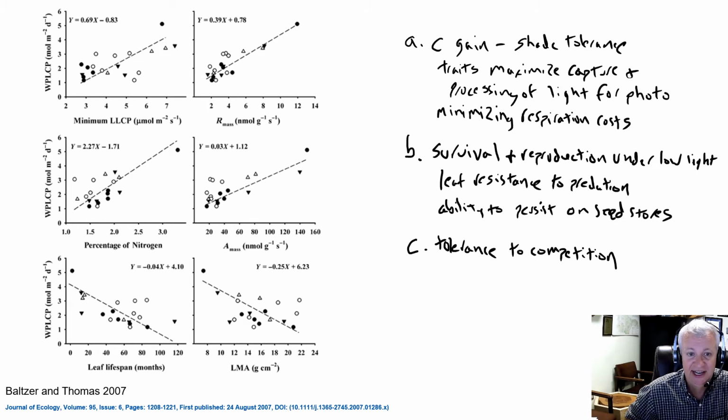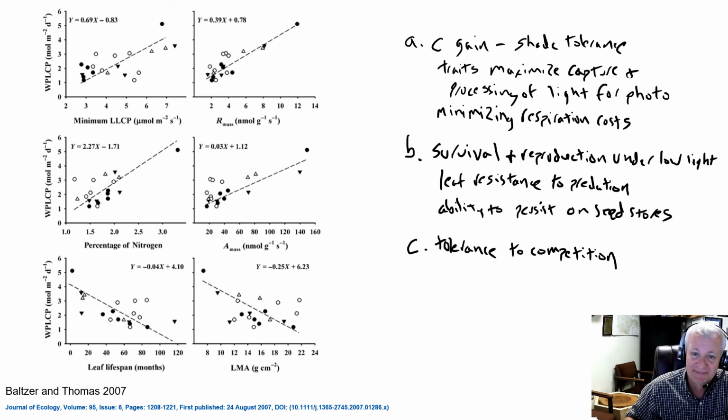And that suggests that one aspect of shade tolerance may not have to do with light and reproduction, for instance. It may have to do with that species' ability to tolerate competition underground.